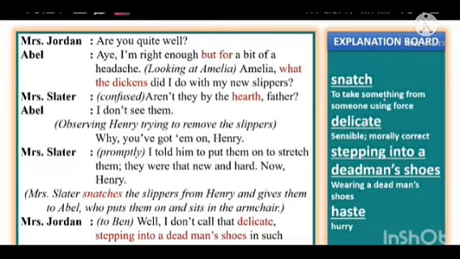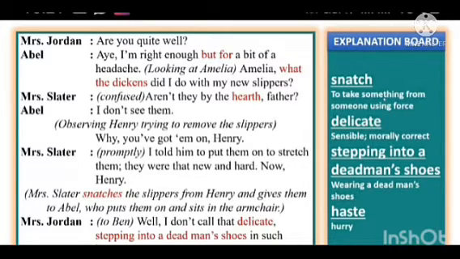Then Abel says here, hey, I'm right enough, but for a bit of a headache. Looking at Amelia, he says, hey, why are you asking like that? I'm right, but a little bit of headache.